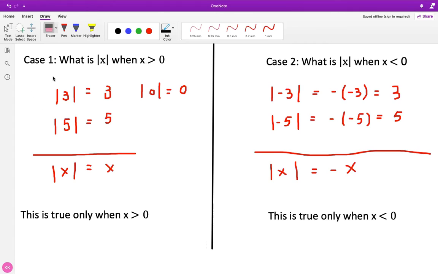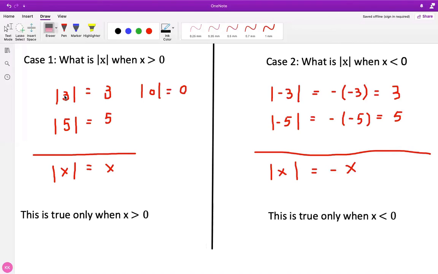In the first situation, I want to determine the absolute value of x when x is greater than 0. To answer this, I need to set up a hypothesis. I want to make up some numbers for x. x can be 1, 2, 3, 4, 5, right? These are all positive numbers. The absolute value of 3 equals 3. The absolute value of 5 equals 5.